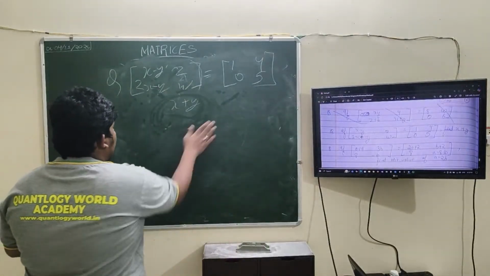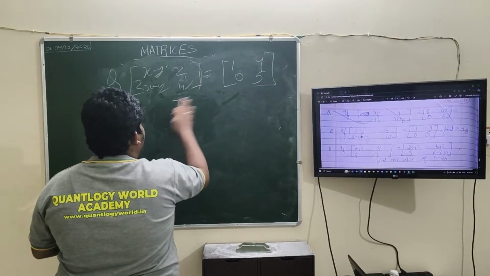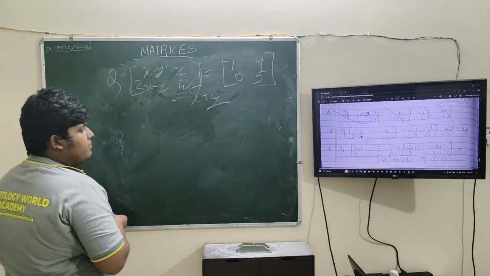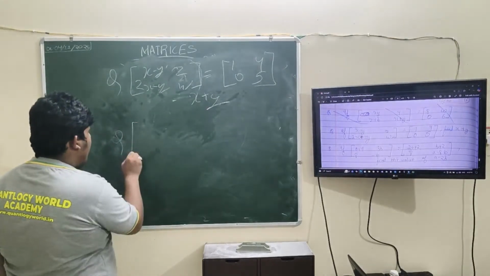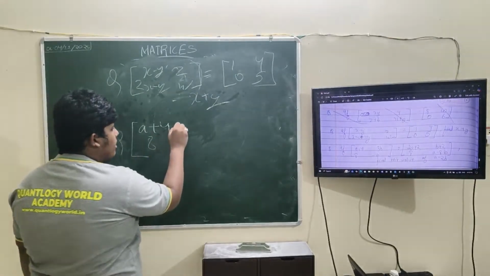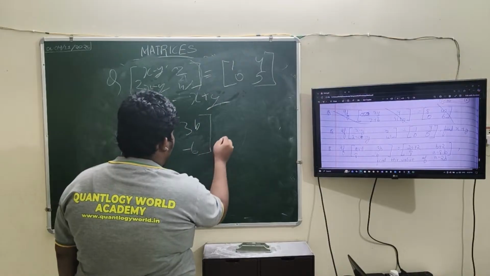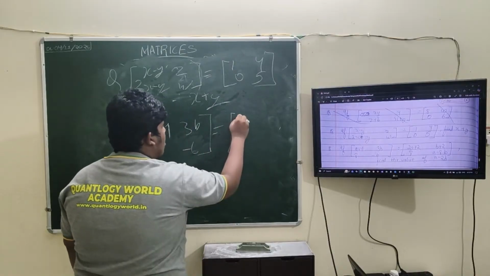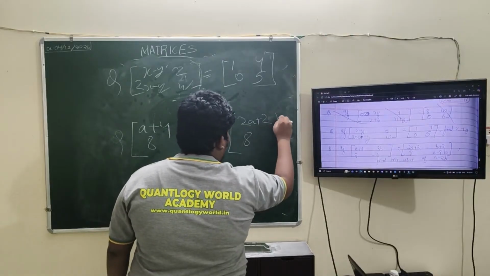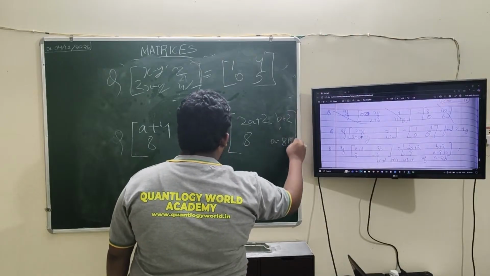The next and final question is: the matrix a plus 4, 8, 3b and minus 6 equals the matrix 2a plus 2, 8, b plus 2, a minus 8b.